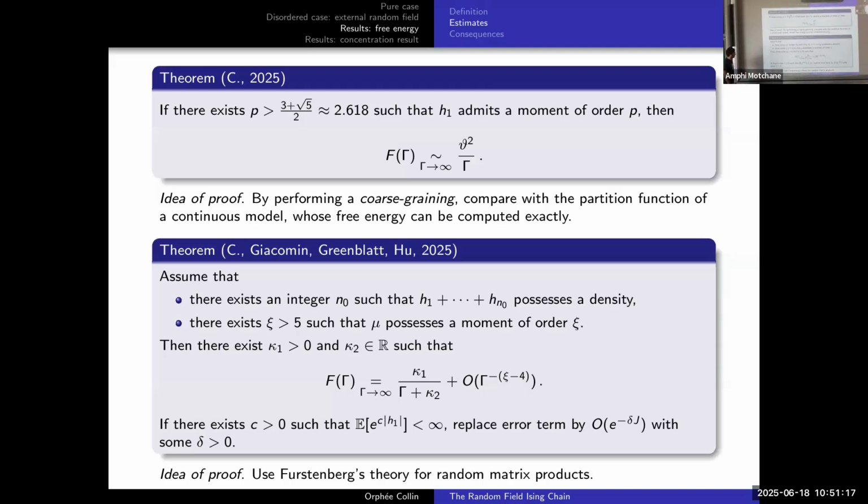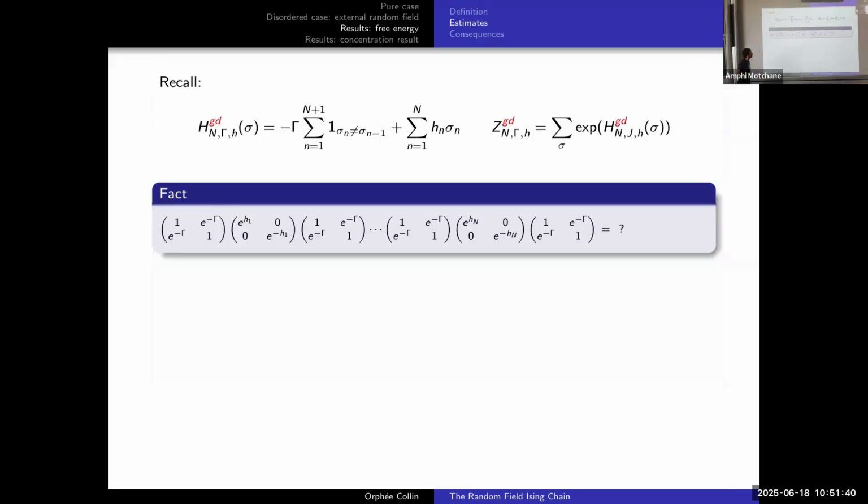And for the second one, I'm going to give some more details, because it's quite interesting because it's related to random matrix products. So I'm going to show you the free energy is related to the Lyapunov exponent of a random matrix product. So let's recall the definition of the partition function. It's given here.